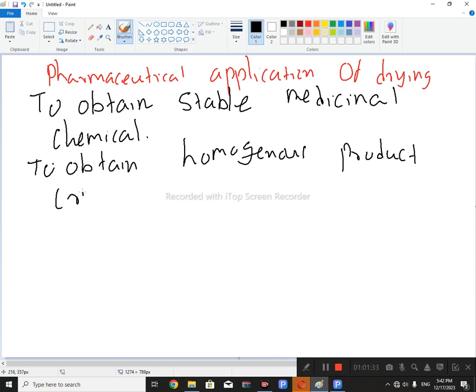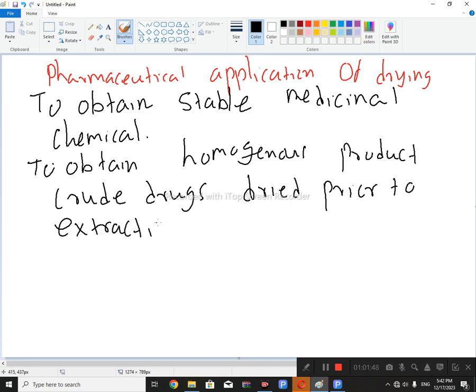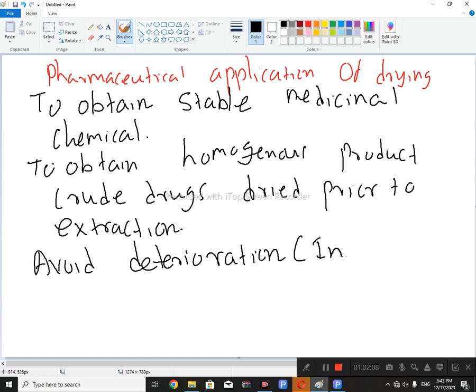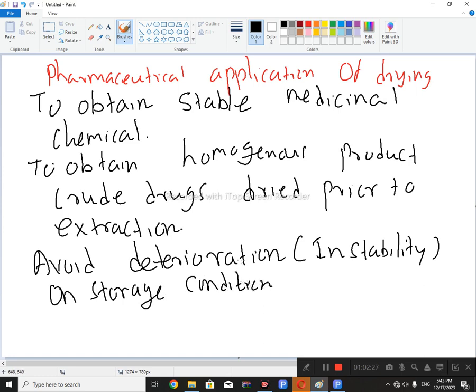Fruit drugs are dried prior to extraction to avoid deterioration and instability on storage condition and transport.